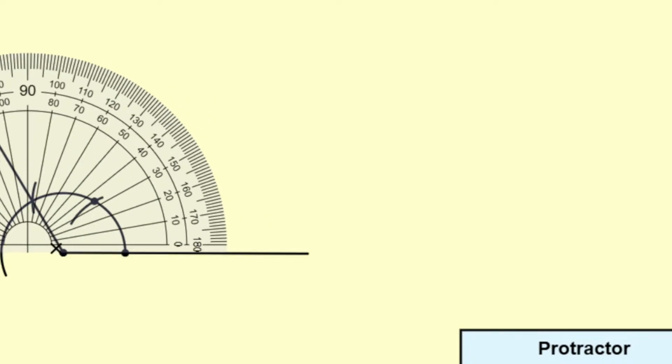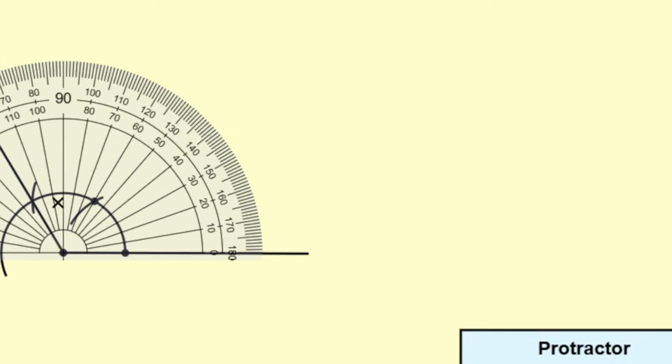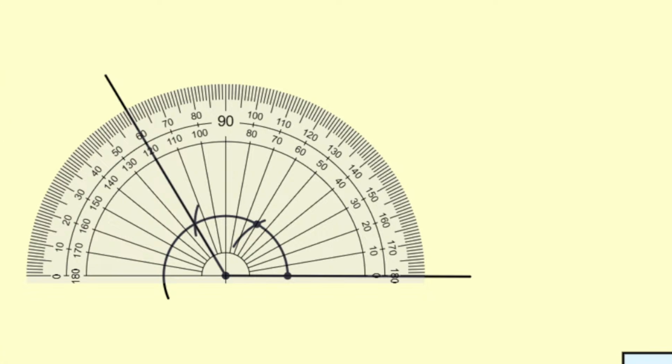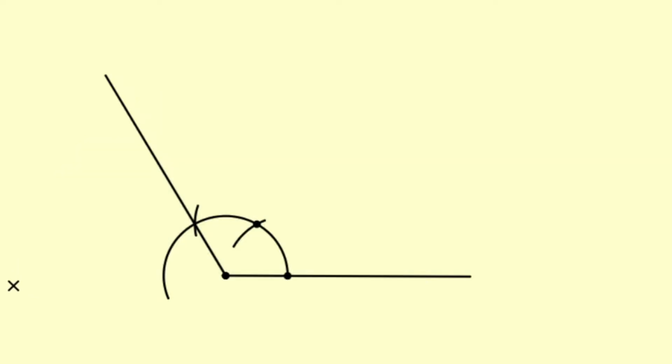We can also check whether the angle is correct with the help of a protractor. Here my angle is correct, exactly 120 degree. Now on this line we will get point A.